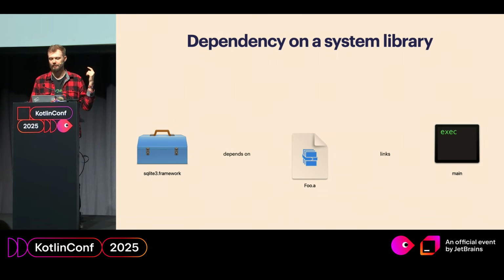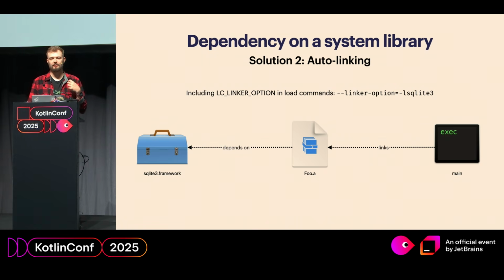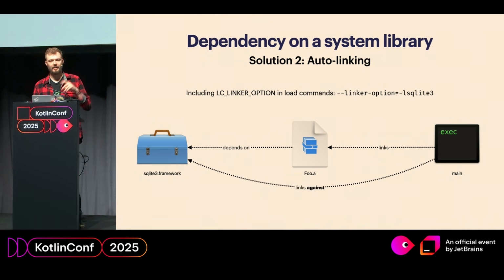Or, which is the better one, you can actually use this auto-linking, where you can encode LD linker option into the object file. And then when the linker is running, it finds those, and it's like, oh, you actually want me to run with this linker option? Cool. And the linker option is, please link SQLite3, and it basically does this. It tells it, do that for me, everything's good.